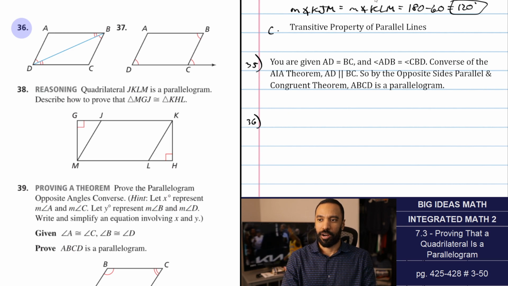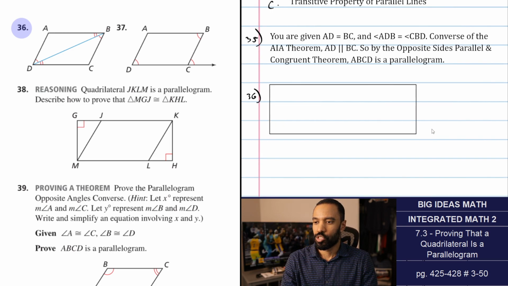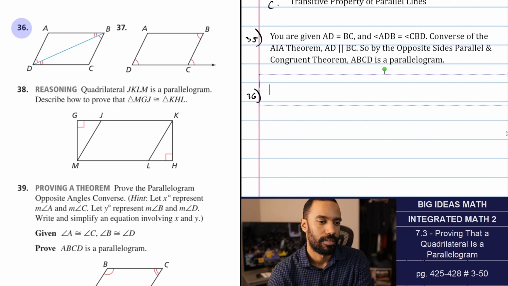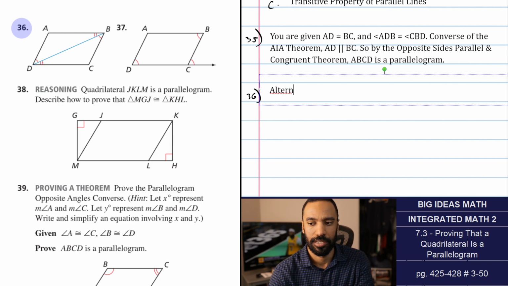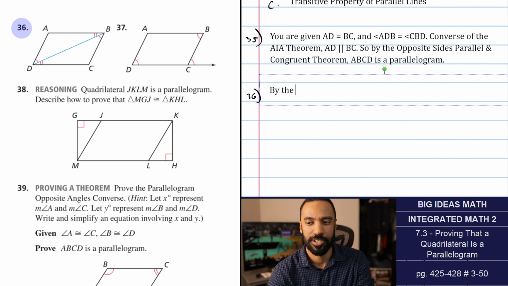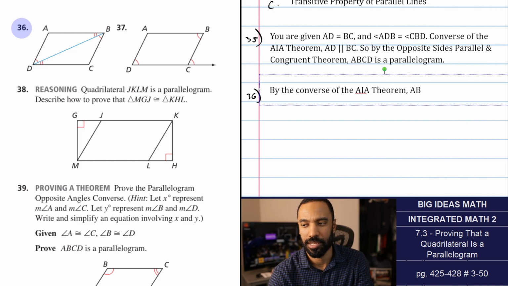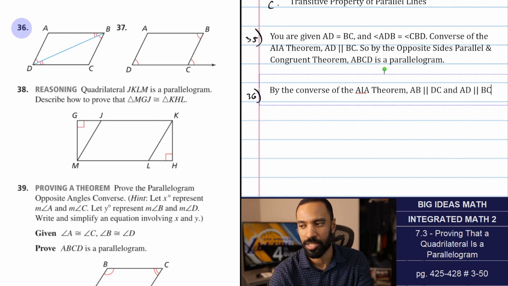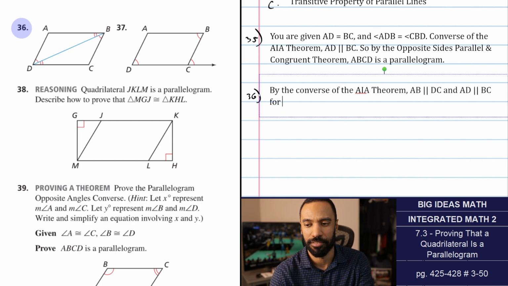We'll just go straight off making parallel lines from these things here. By the converse of the alternate interior angles theorem, AB is parallel to DC and AD is parallel to BC for both sets of given congruent alternate interior angles.